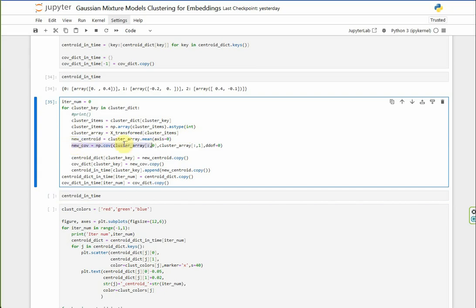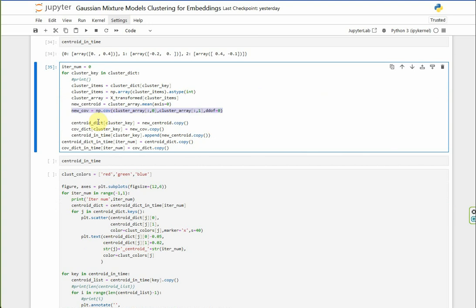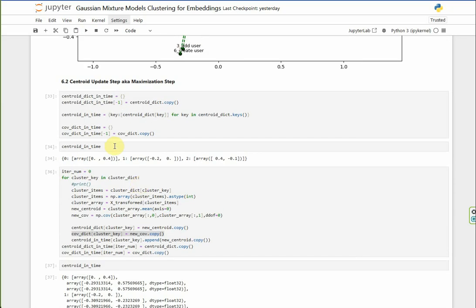Second, this is a new part, we compute the covariance between all the dimensions. In this case, we have only 2 dimensions, so we compute covariances between those 2 dimensions, and we will have a 2 by 2 covariance matrix. So we update the centroid values or mean values, and we update our covariance values as well. This is our centroid update step.